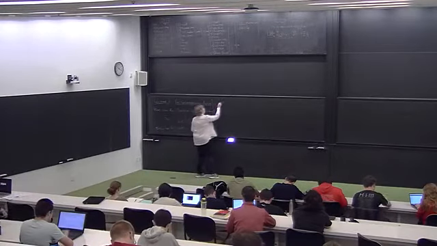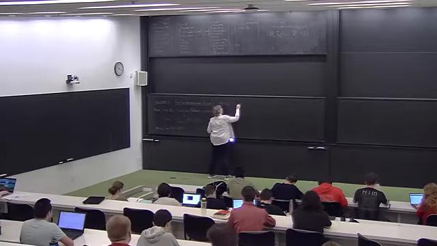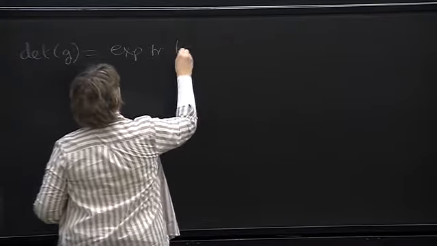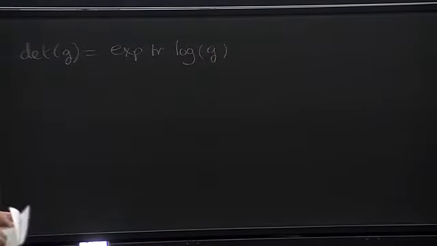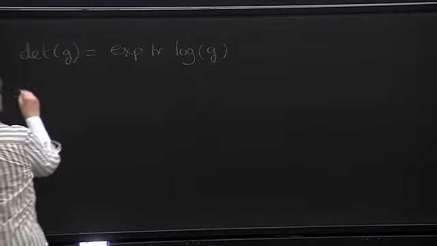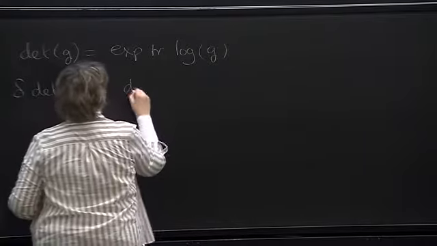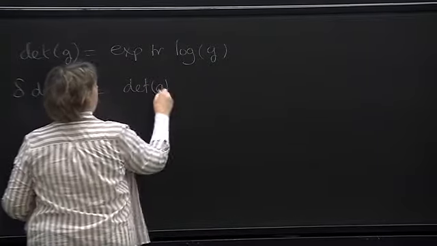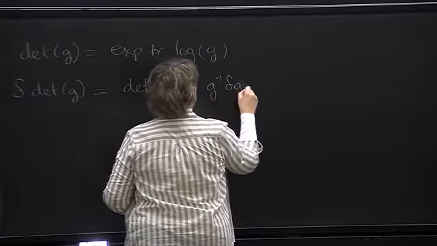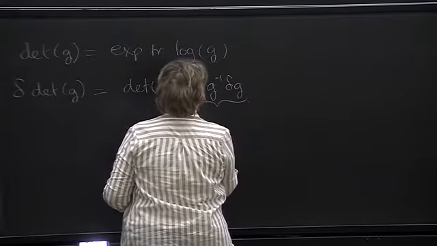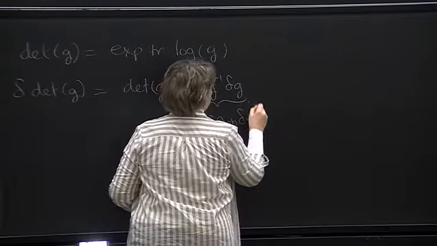So first of all, if we look at our determinant, we use the identity that det is the exponential of the trace of the log of a matrix. So that's how we find the variation. So delta of det g is therefore det g, coming from the exponential, and then it's the trace of g inverse delta g, which we replace by minus the trace of g delta g inverse.